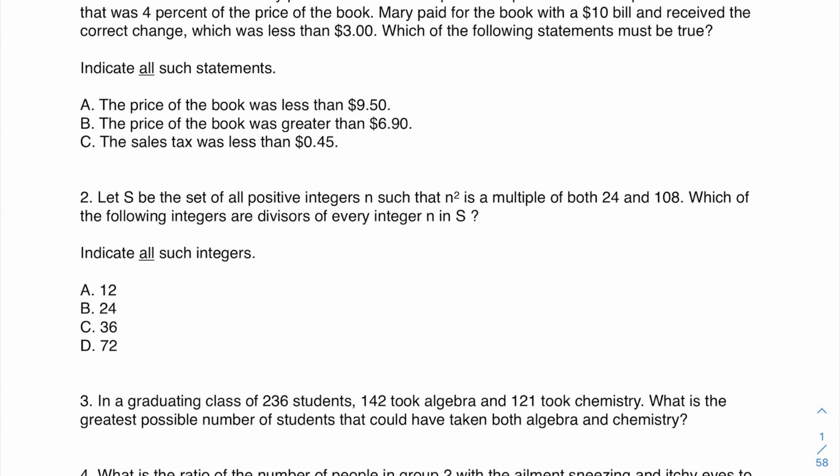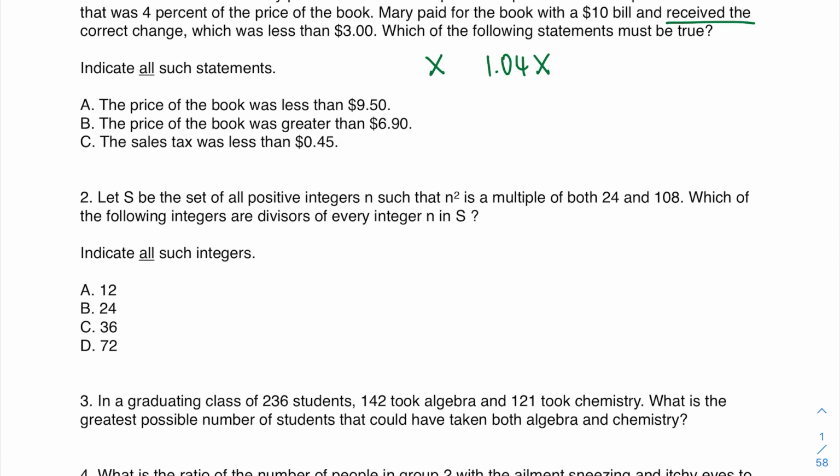Okay, for the first question, you can just pause the video and try it by yourself, and then I will introduce a way to solve these problems. The first step is to say the price of the book is x. So Mary should pay 1.04x, right?